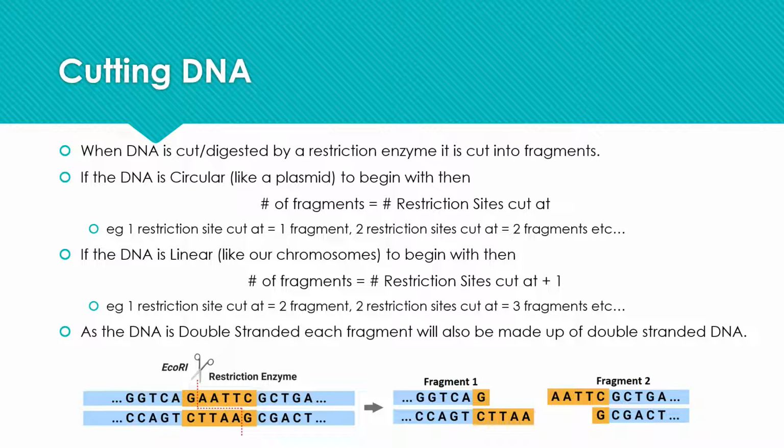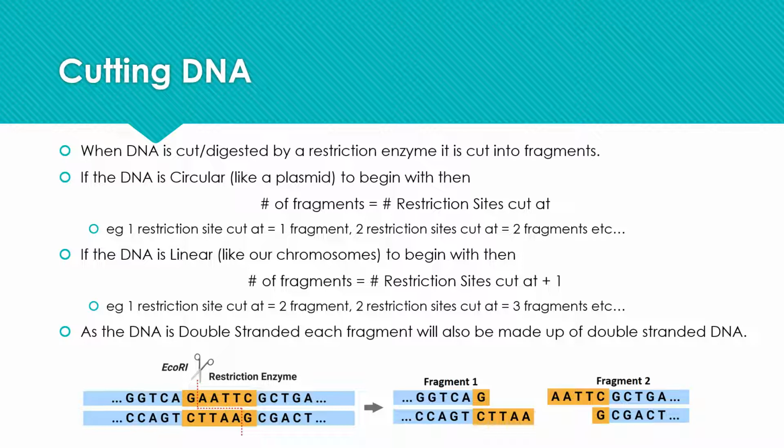If, however, your DNA is linear or a straight line, like our chromosomes are, then it's a bit different. When you cut a straight molecule, you're cutting it into 2 sections. If you cut it again, you end up with another fragment. So the pattern is that however many sites you cut for these straight molecules of DNA will be equal to the number of fragments, but you have to add 1 onto that.